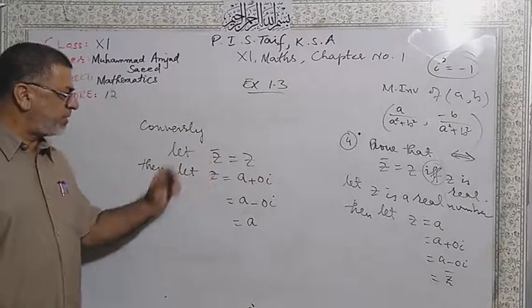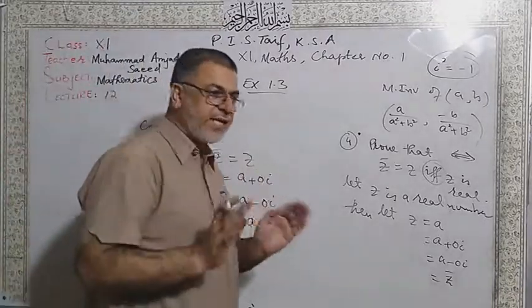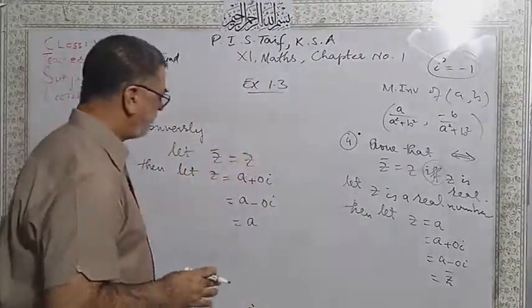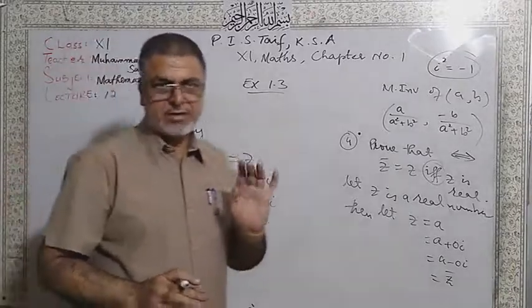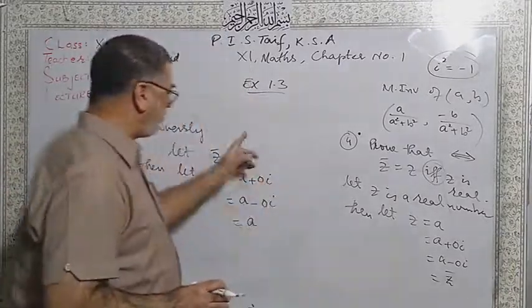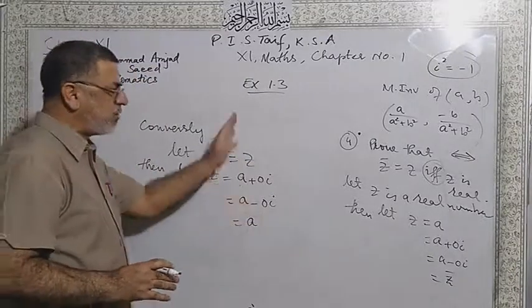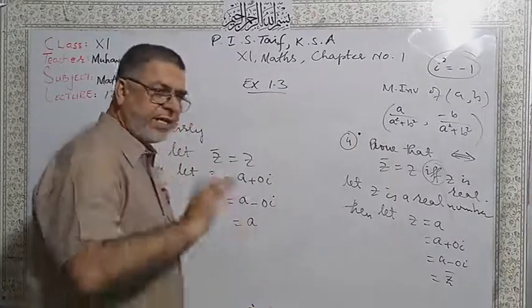Because z is equal to z bar, your complex part must be 0. Otherwise, they will never be equal. If and only if your complex part is 0, then z and z bar will be equal. Otherwise, you cannot get z equal to z bar in any way.